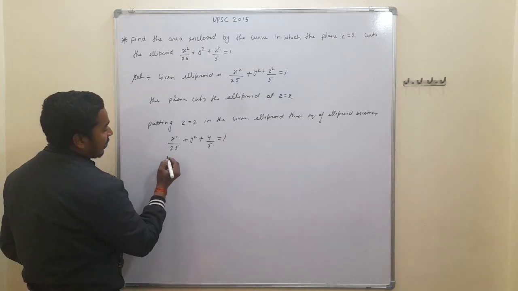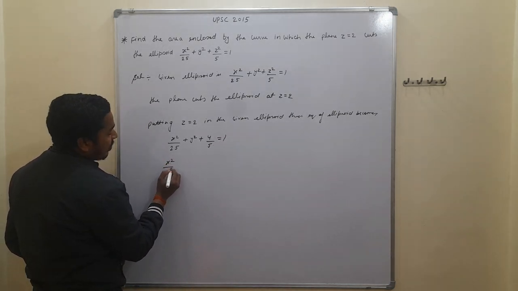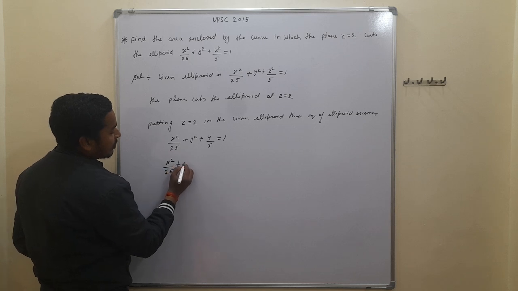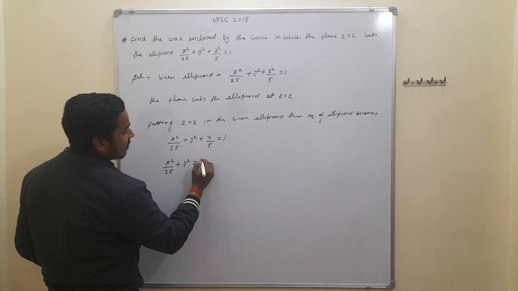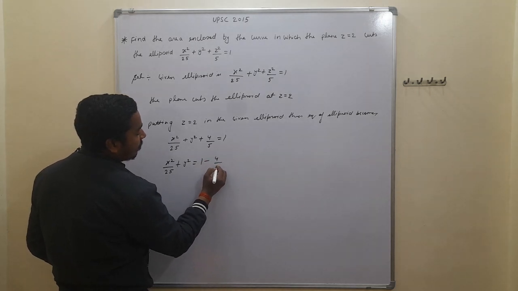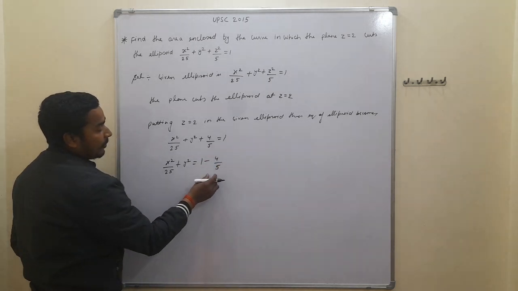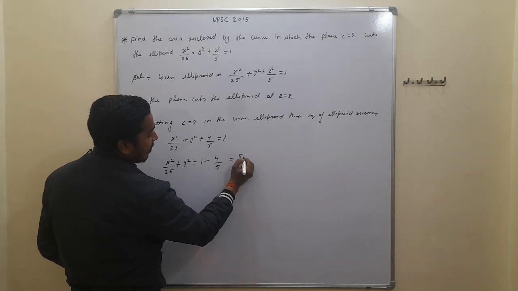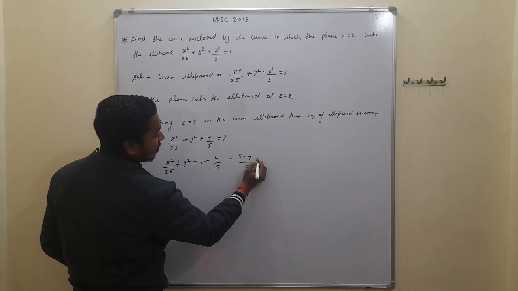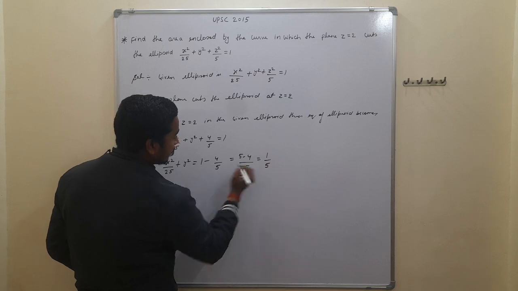From here we can write x square upon 25 plus y square, and 4 upon 5 is taken to the right hand side. This is given by 1 minus 4 upon 5. Taking LCM, this is 5 minus 4 upon 5, which is 1 by 5.